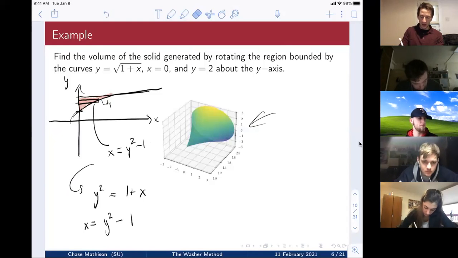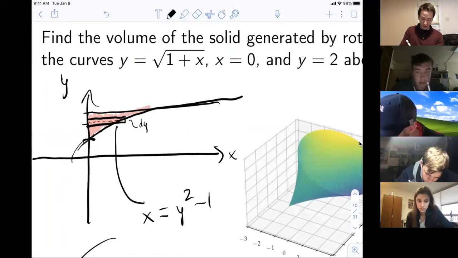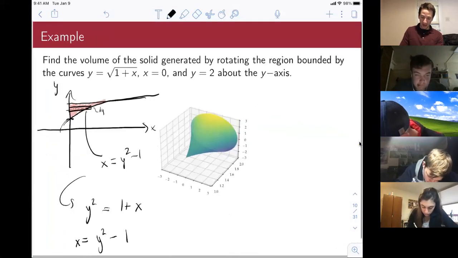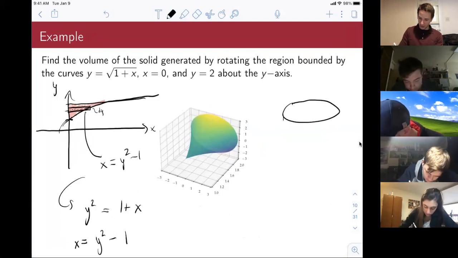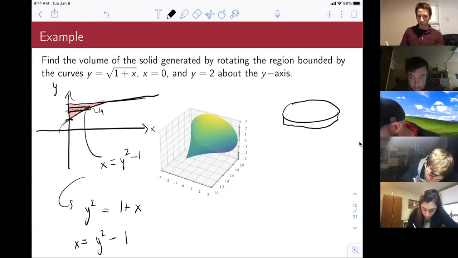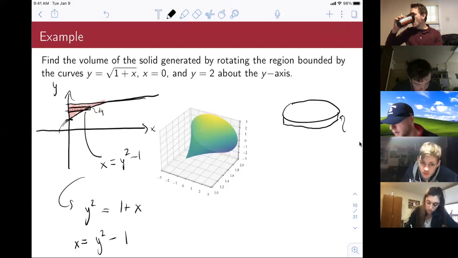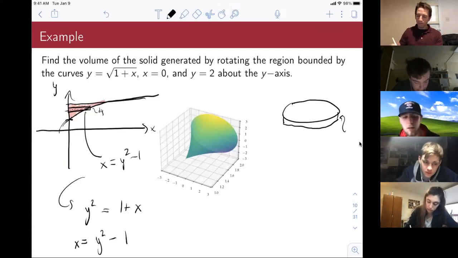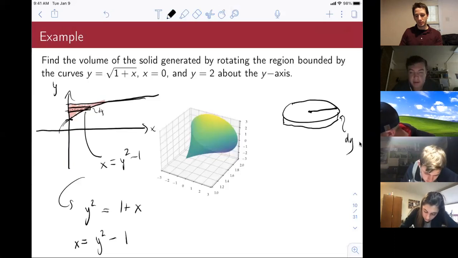Okay, and so now I'm taking this sliver, and I'm rotating that about the y-axis. When I do, I'm going to get a disc or a coin. It has a width of what? dy, perfect. And then a radius of what? y squared minus 1.